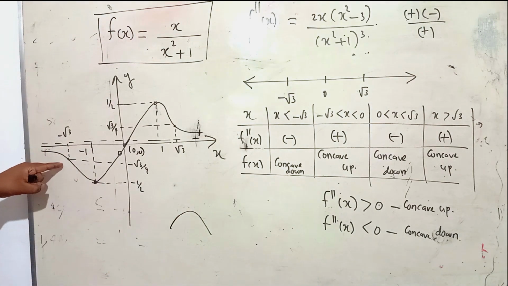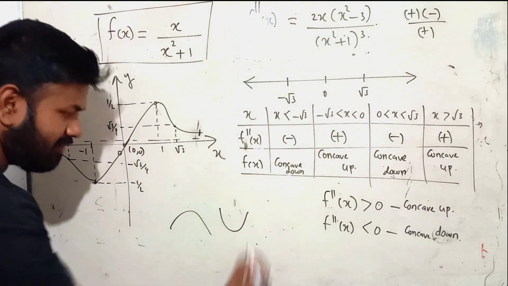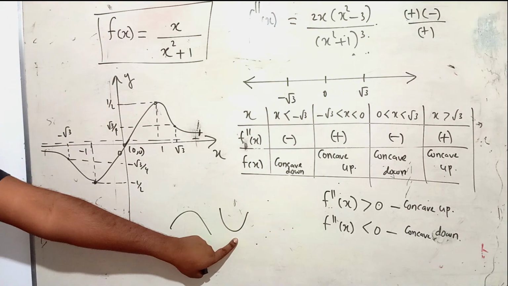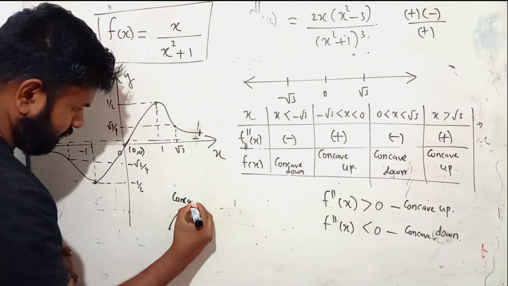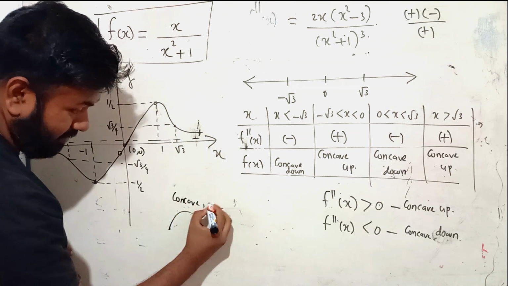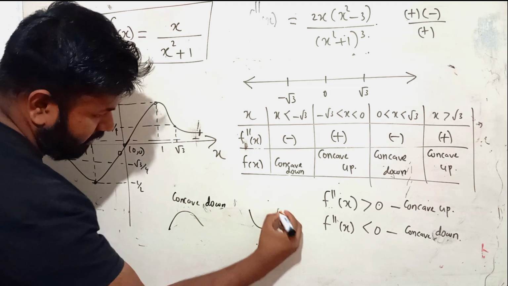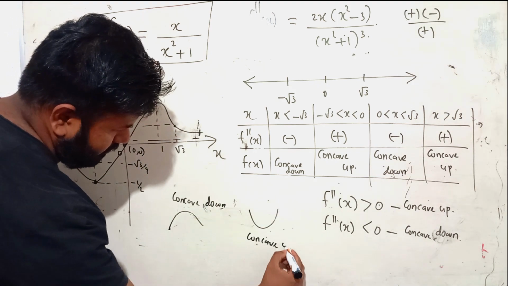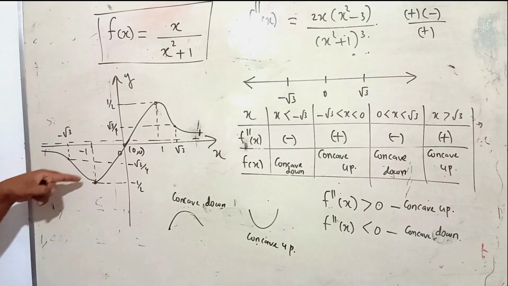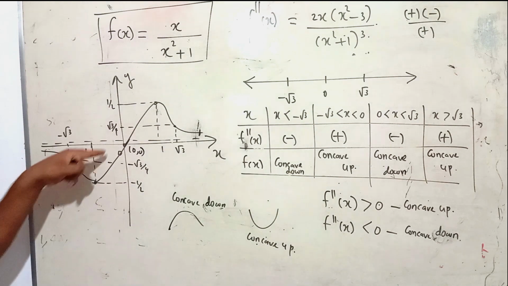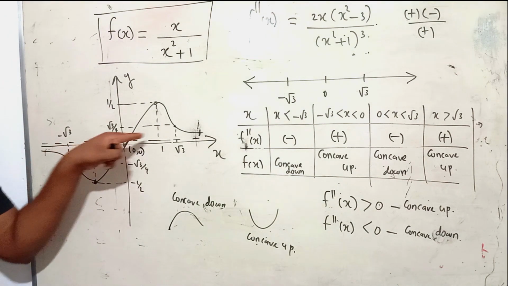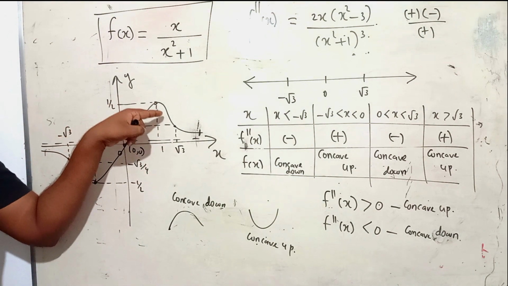When the graph is in between negative root 3 and 0, it is concave up, definitely. I already told you, always remember. This part is concave up. When x is in between 0 and root 3, yes, it is concave down.